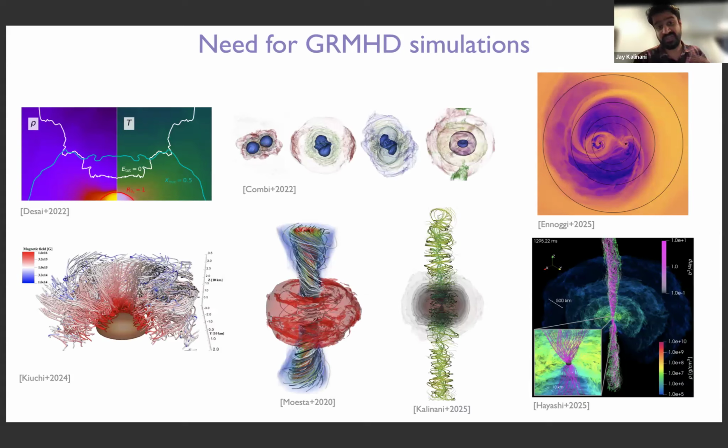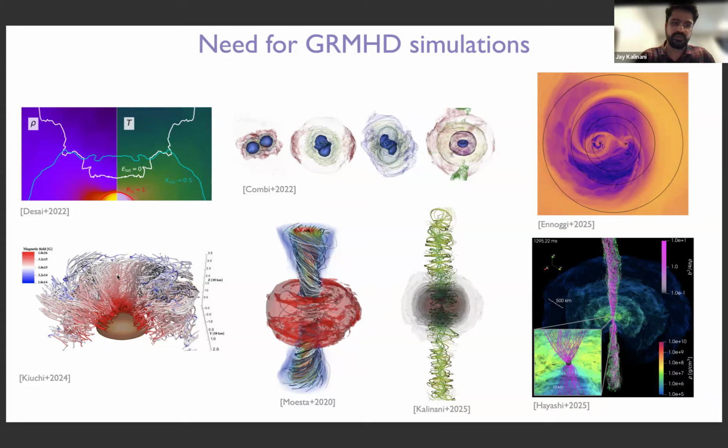Now, just to motivate, why do we care about GRMHD simulations? GRMHD allows us to model different astrophysical systems involving crucial magnetohydrodynamic effects. For instance, if you would like to model protoneutron stars or binary neutron star mergers. At RIT, our group also focuses on one of the projects based on modeling gas accretion around supermassive binary black hole mergers. And there's also a recent paper out by Lorenzo and Oggi, if you'd like to check that out.